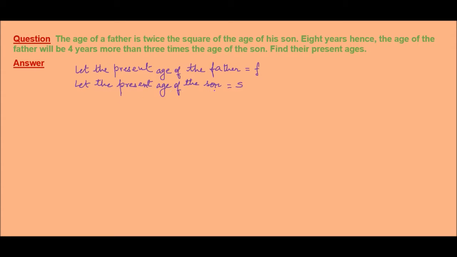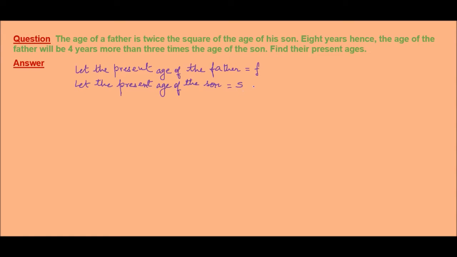Let the present age of the son be equal to s or s years. Now, I have selected these two variable names, f for the present age of the father and s for the present age of the son.